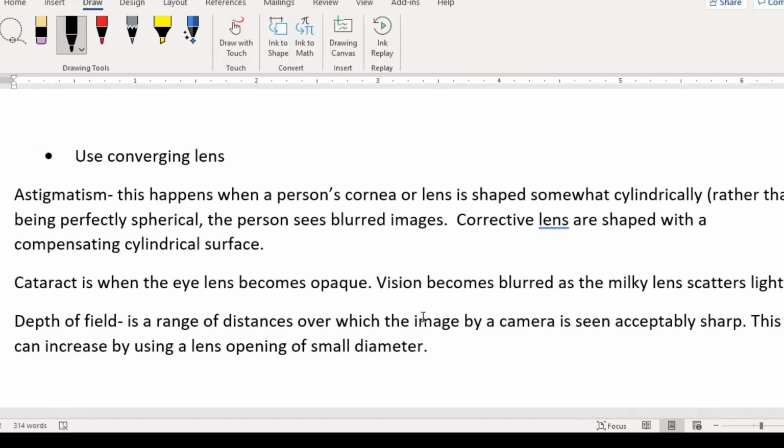So that allows the person to see blurry images. Just remember that astigmatism has to do with the person's cornea or lens being, rather than spherical, more of a cylindrical type of lens.